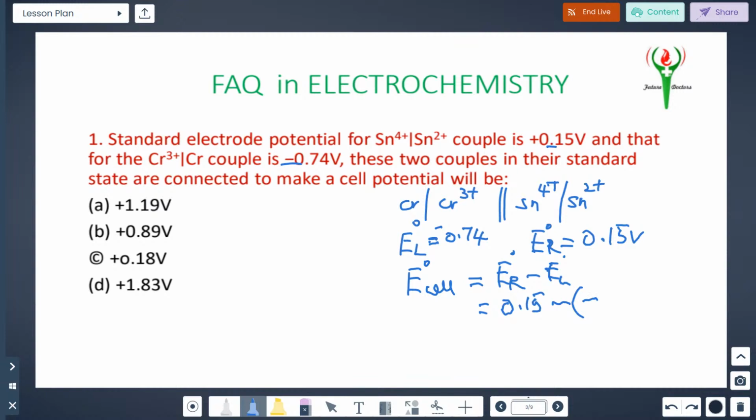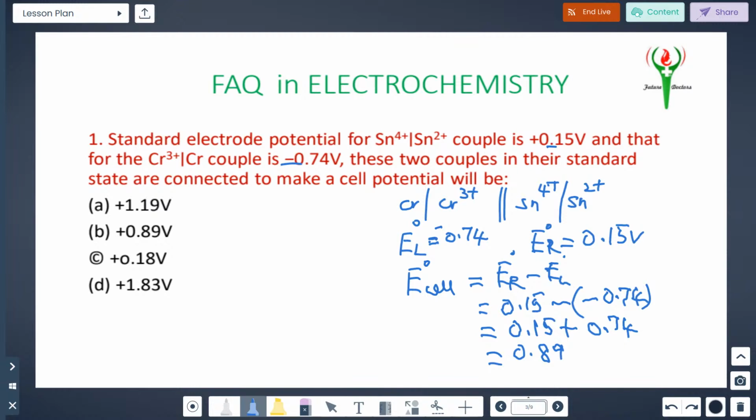Okay. That's all. Then you know that already minus here also one minus is there. Now it becomes plus 0.15 plus 0.74. So if you add this, we get the value 0.89.